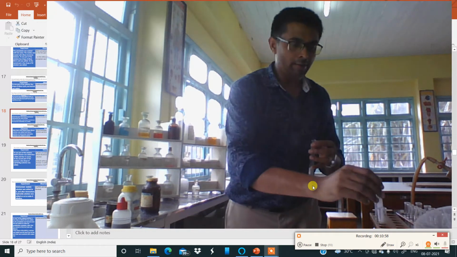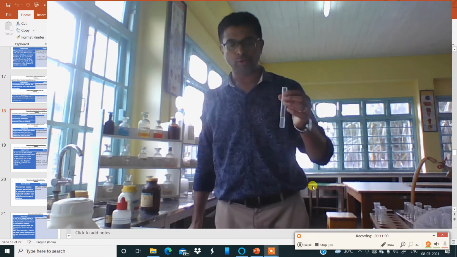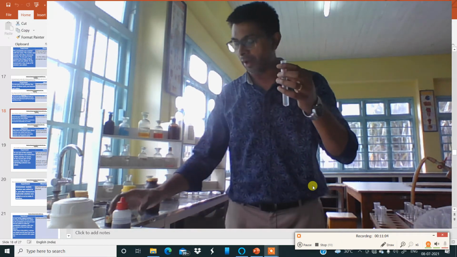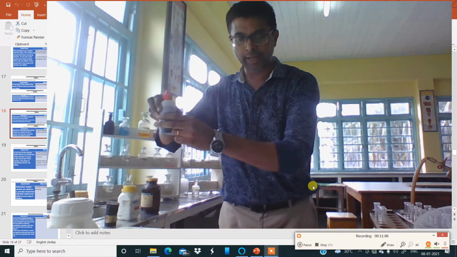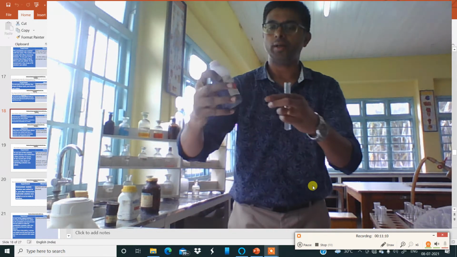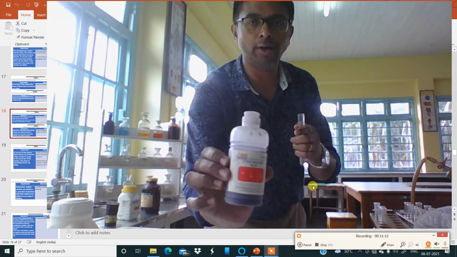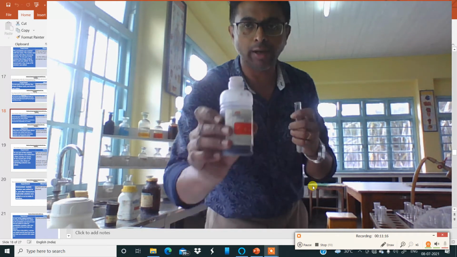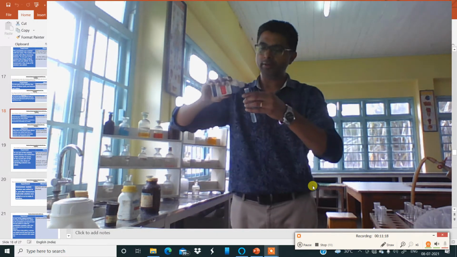And then now I will add blue litmus solution, followed by ammonium hydroxide solution in excess. So this is blue litmus solution. You have heard of blue litmus paper. This is a solution of blue litmus. So I'll add this.